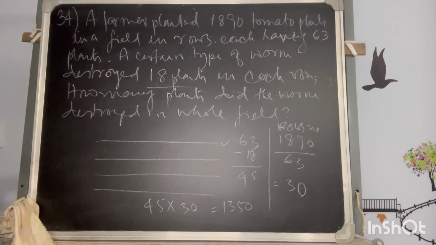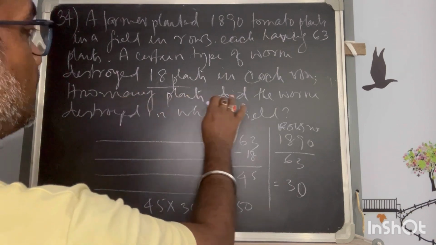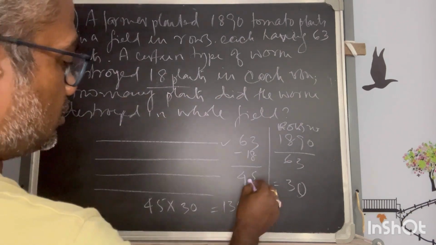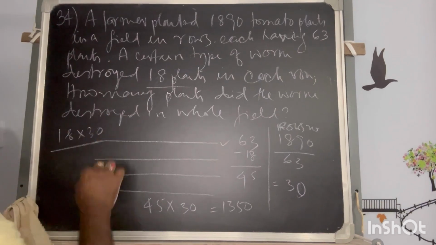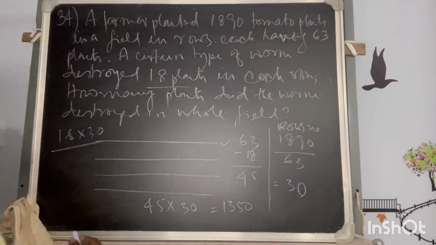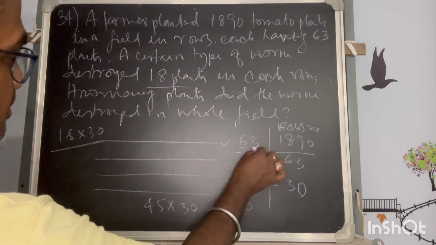Now we have to find the ratio of how many plants the worm destroyed. It destroyed 18 into 30 rows, and the whole field means 63 in each row.